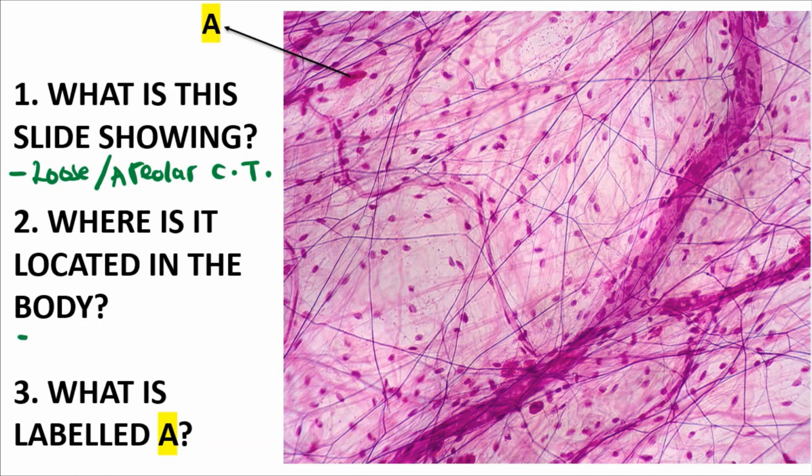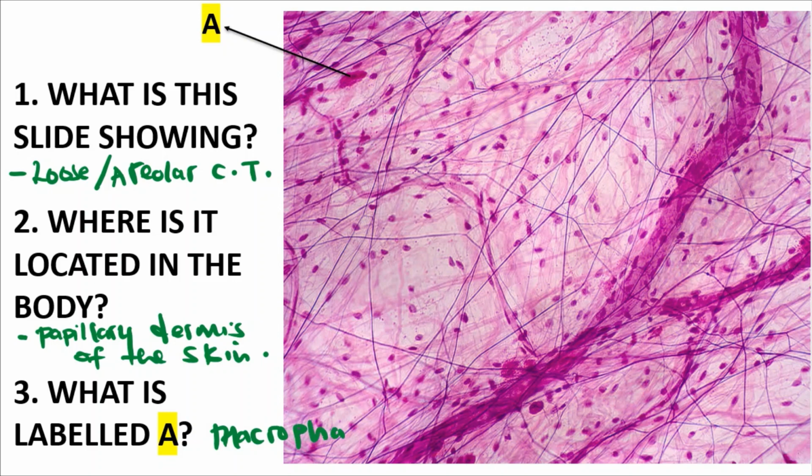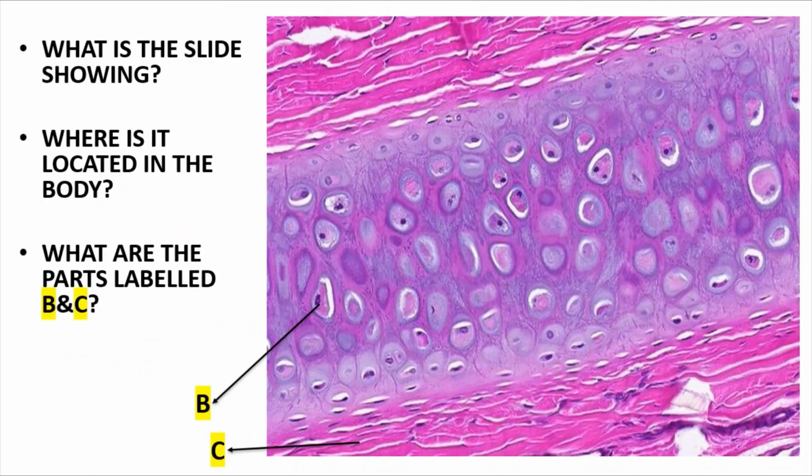You can find it in the papillary dermis of the skin, or you can find it in the lamina propria in the GI tract. The part labeled A is a big cell and it has ingested material, so that is a macrophage. Let's move on.